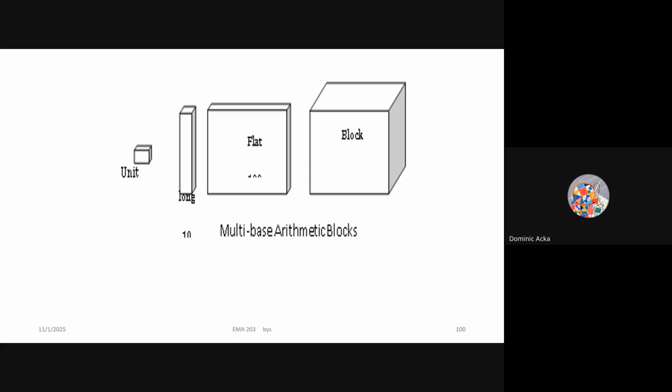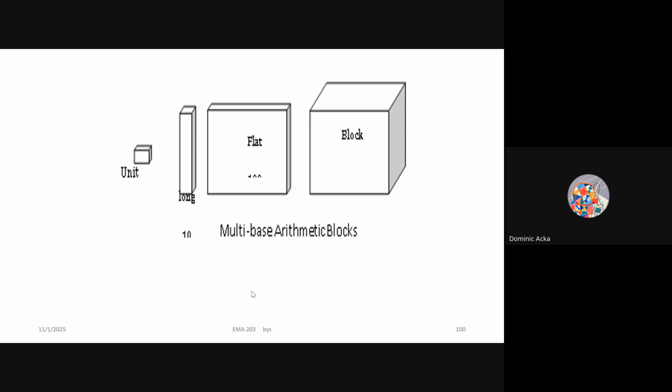Doc, I want to ask a question. Yeah, go ahead. Based on the multi-base arithmetic block, I don't understand why when you get to class 3, the unit differs from class 4 up to JHS 3. In class 3, they will tell you that a unit is 10.